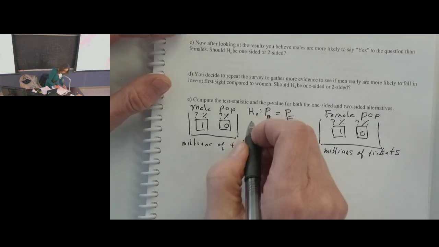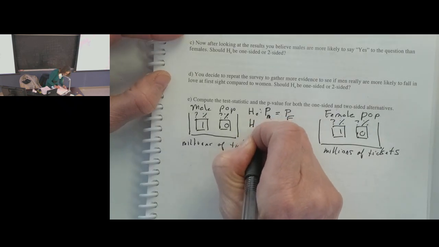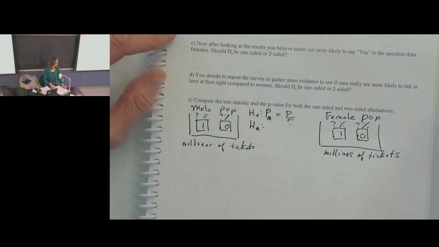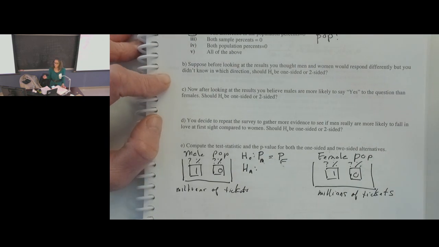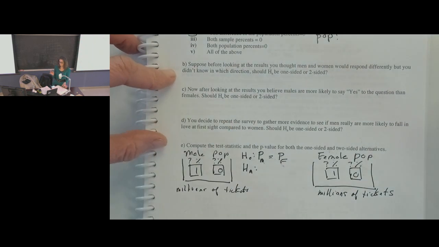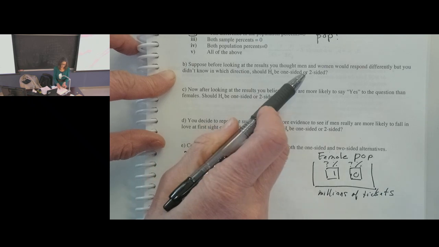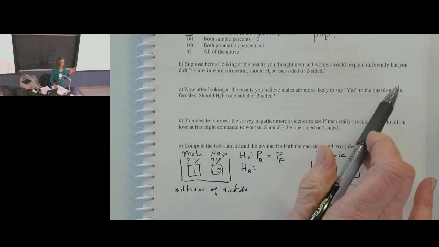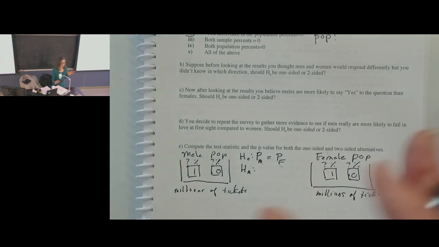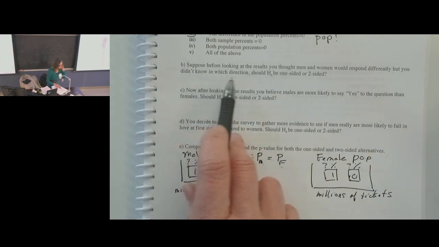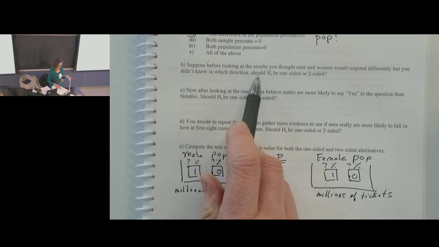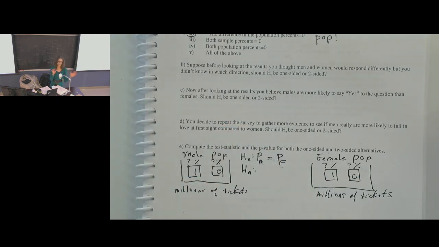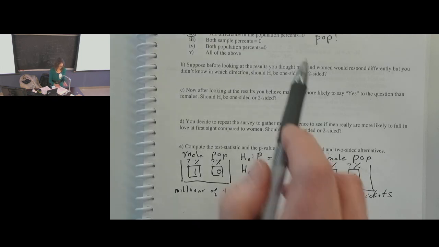But now, what's our alternative? Now let's think about these questions. Suppose before looking at the results, you thought men and women would respond differently, just because they often respond differently to things, but you don't know in which direction. You're not sure. You just think they'd be different, but you really don't know which would say yes more.